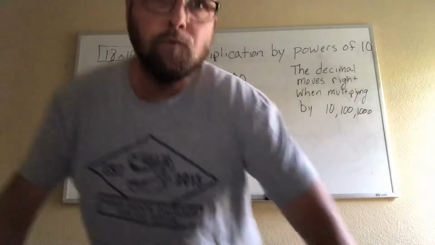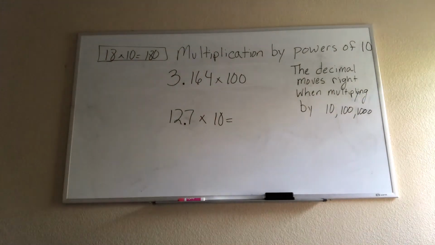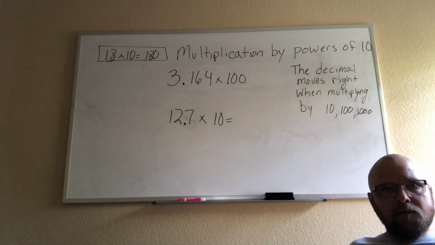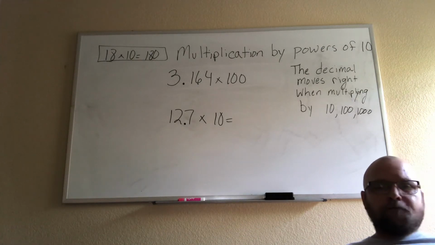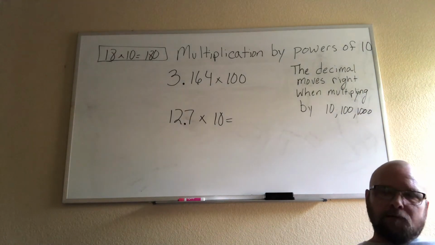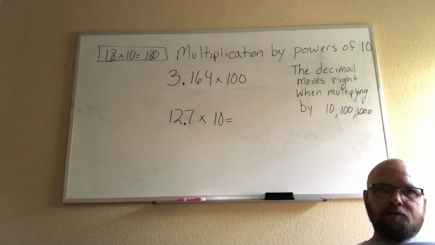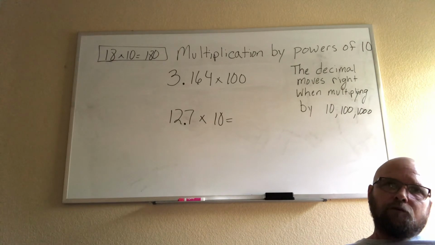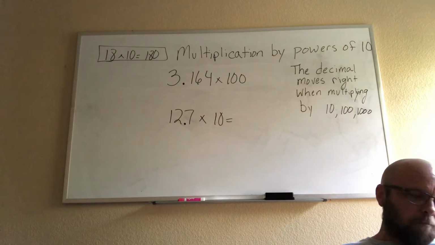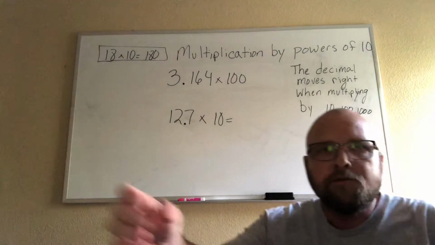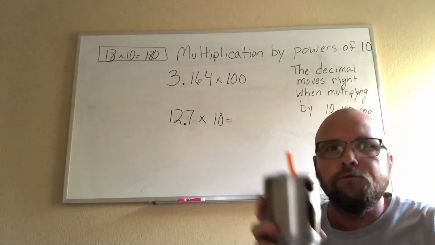So you have 3 and 164 thousandths times 100, and you have 12 and 7 tenths times 10. Now if you wrote down the first few problems that we did, it should make real sense to you. If you didn't write them down, then you may be completely and totally confused.